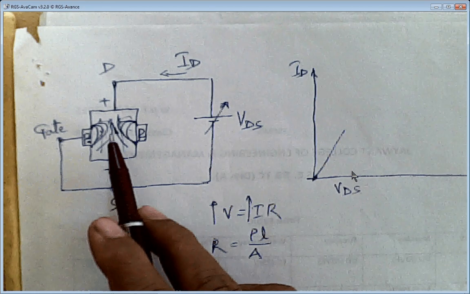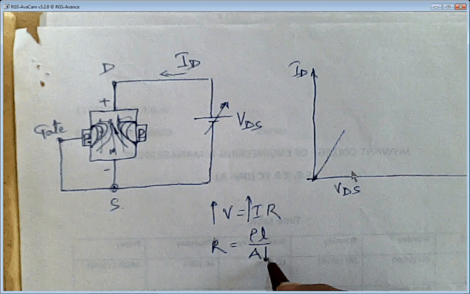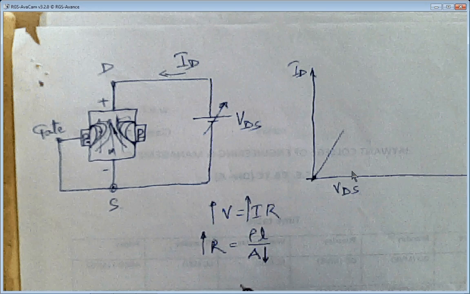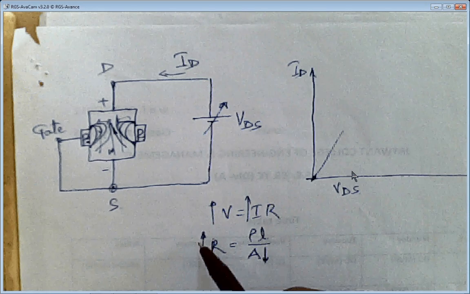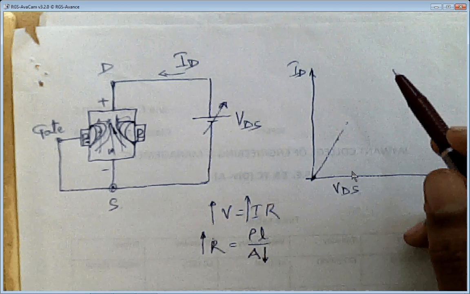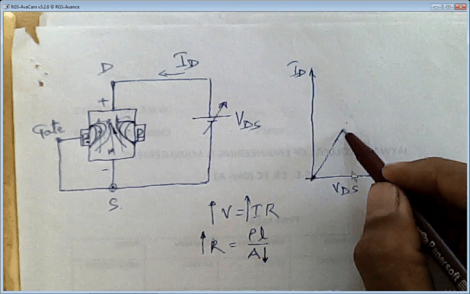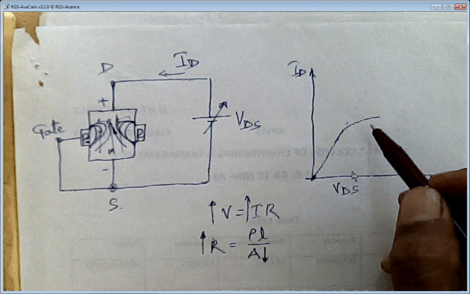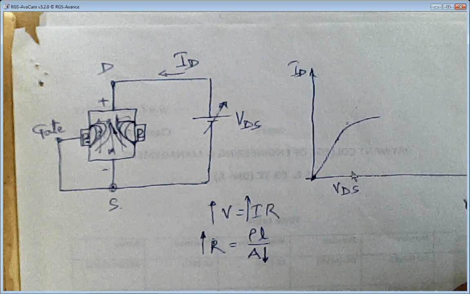So as the cross section area decreases, your resistance will go on increasing, and as resistance increases, this graph which was supposed to go straight will now start bending, and this bending is because of a rise in the resistance. So why is there a bending in the VDS graph?